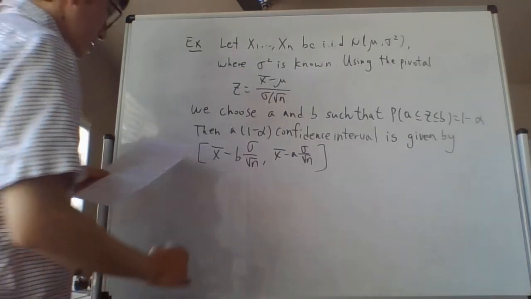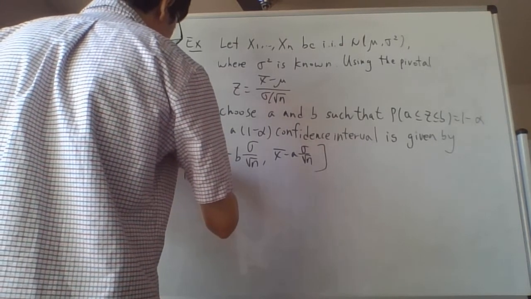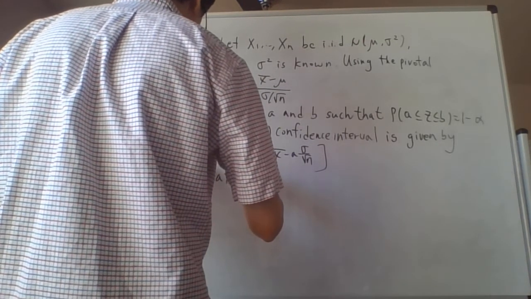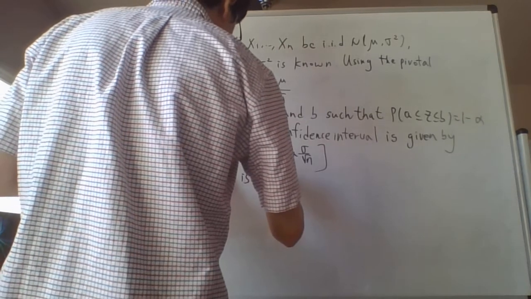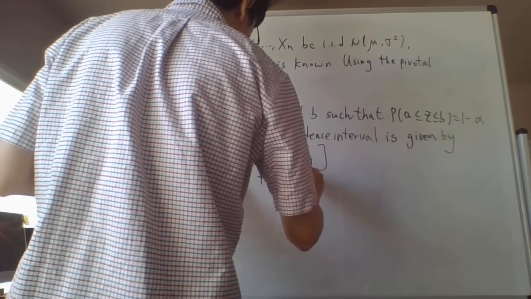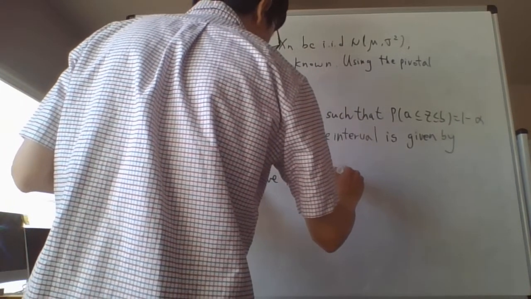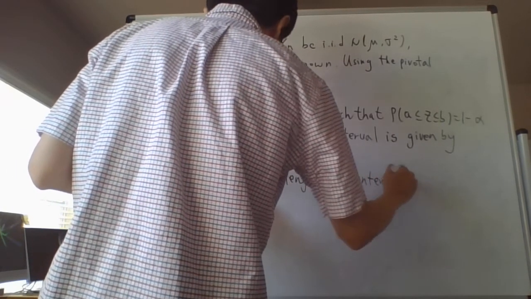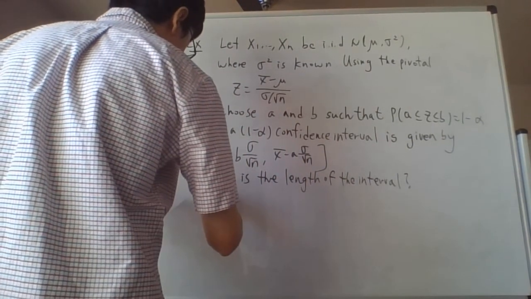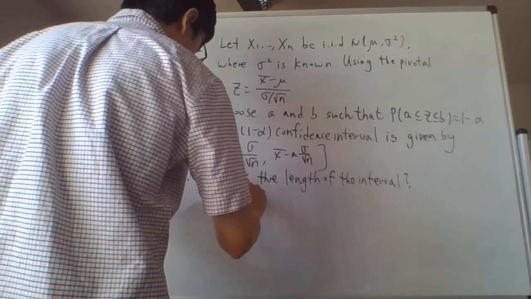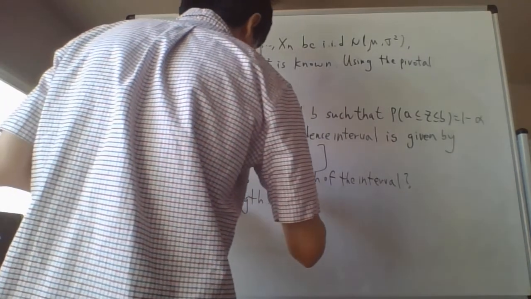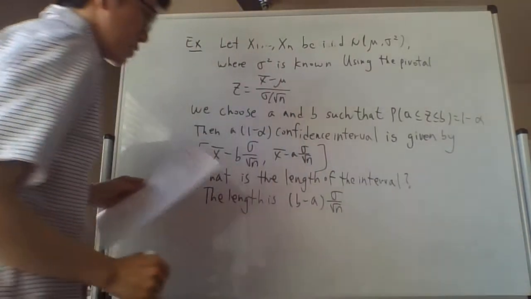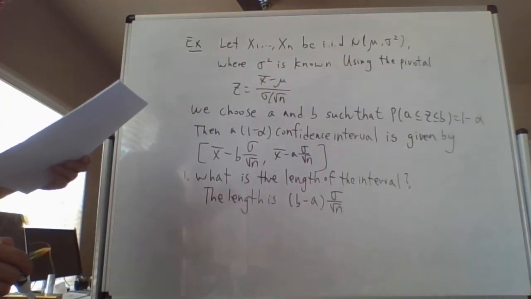So the first question is the length of the interval. The length is B minus A times sigma divided by square root of n.